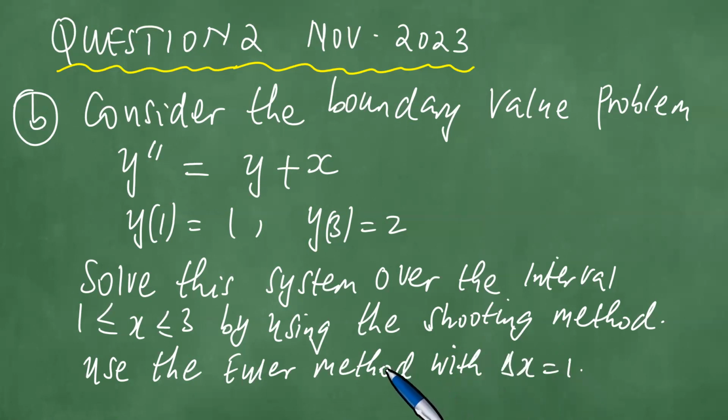So let us look at this problem and solve it together. Very interesting, nice little problem that came in November. Now to solve this, we go to the basics of the shooting method, and we look at what makes up the shooting method.